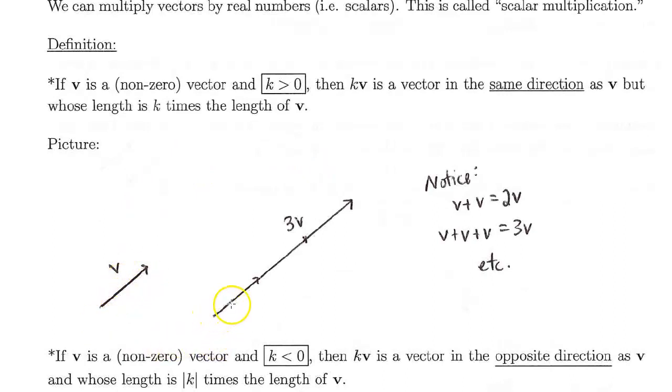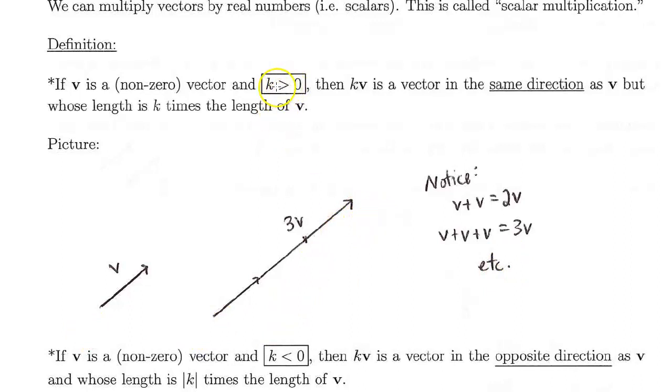Well, 3v would be a vector in the same direction as v, only 3 times as long. Now notice this is 3 times as long as this. We could think of this as being v plus v plus v. So that's why I've drawn these little extra arrows in here. So 3v, it turns out, is the same thing as v plus v plus v. But it's a vector that's in the same direction as v, only 3 times as long.